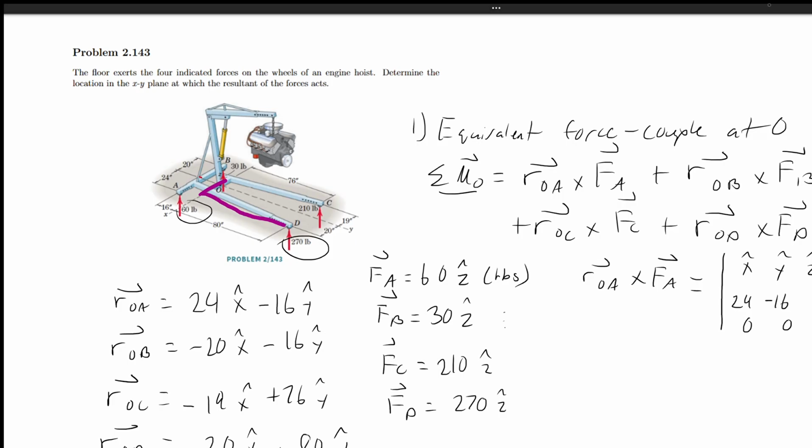So that's minus 960 in the x direction, and then the y is going to be 24 times 60, so 1440, and that one will be negative because you always add the negative sign to the y components, so minus 1440 y hat. Okay, so we'll do the same thing for all the others.